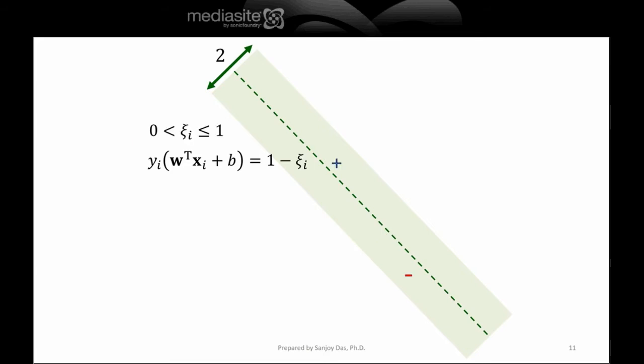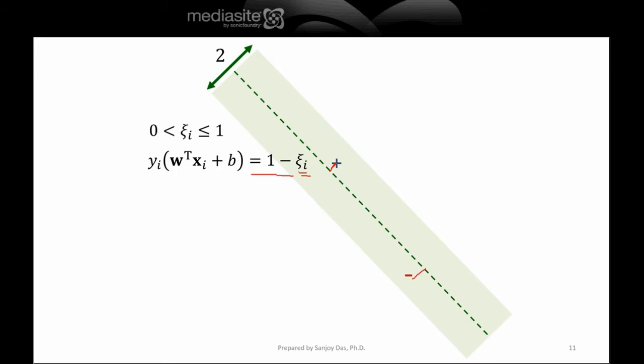So here, the plus and the minus, they're closer to the hyperplane than 1. So we have to have a non-zero zeta i. So this distance, let's say this is about 1/3. So zeta i will be equal to 2/3. And here, let's say this distance is about half.